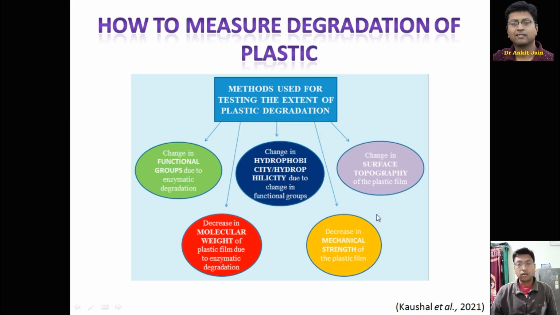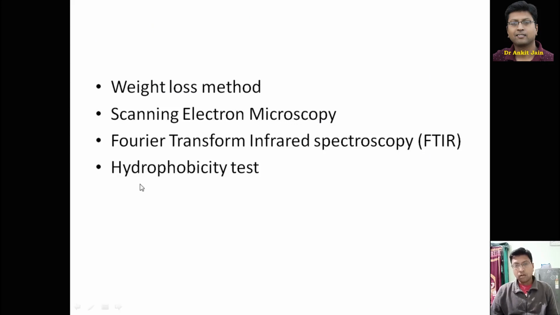Mechanically, there is change in the plastic strength. There is change in the molecular weight of the plastic leads to degradation. The change in the weight is measured by weighing the material of plastic and leads to weight loss.